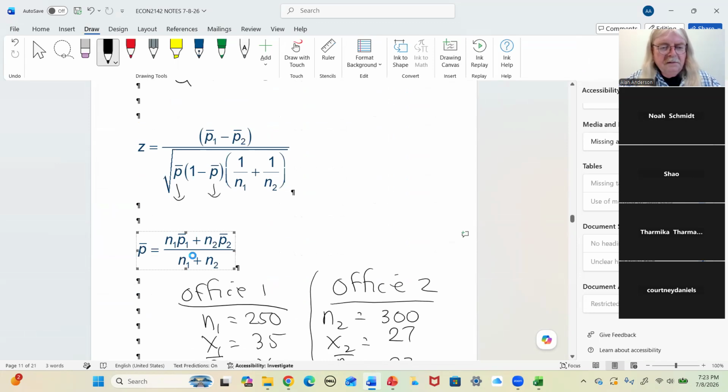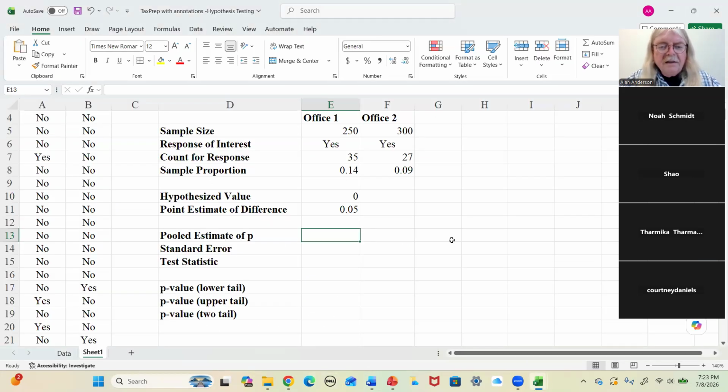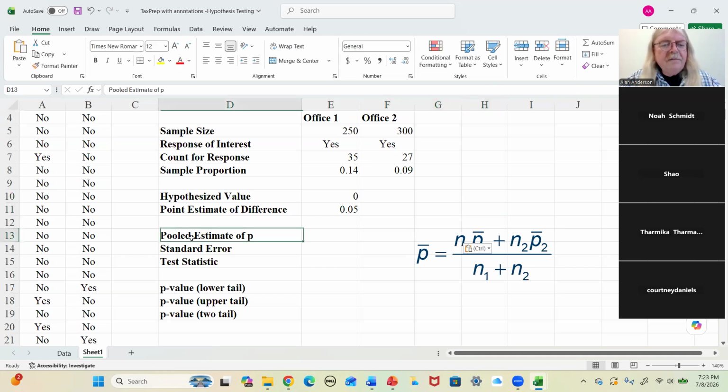Okay, so I only just noticed that now. There was a typo. Instead of point estimate, it's supposed to be pooled estimate. This is the hypothesis testing one.